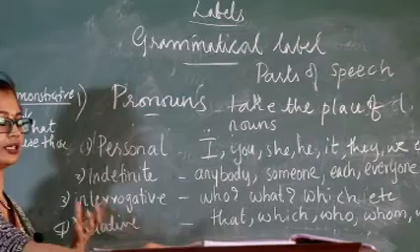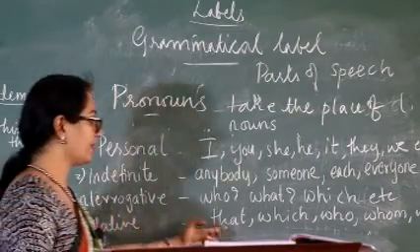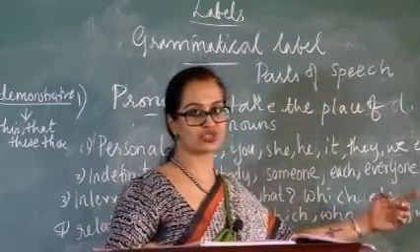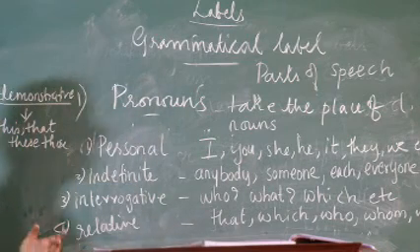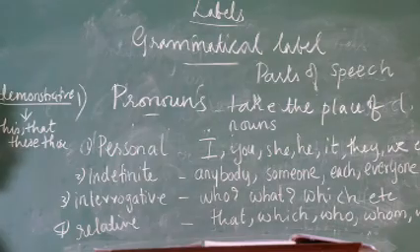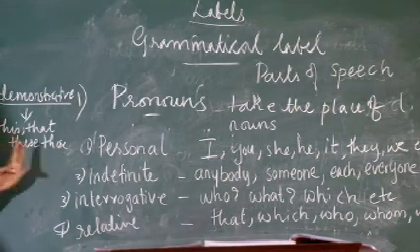They are interrogating. It's a question. Relative pronouns are that, which, who, whom, whose. It's a relative pronoun, not an interrogative pronoun. It is used as a link. Now demonstrative pronouns: this, that, these, those.